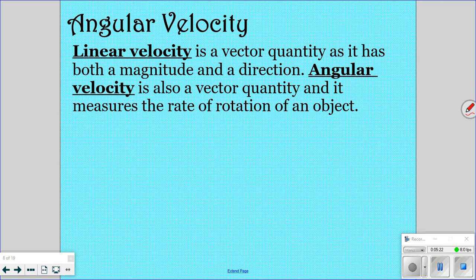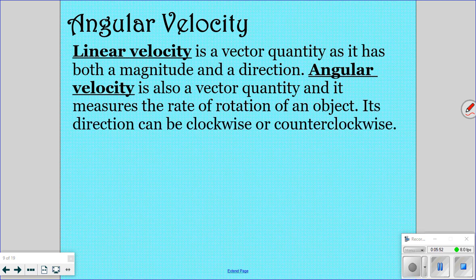If you run a 100-meter dash in 4.2 seconds, I don't know if that's reasonable or not, but that would be a linear velocity. Riding a bike, swimming, any of those that you measure in a unit per time is linear velocity. Angular velocity is also a vector, but it measures the rate of rotation. So how quickly your tires are rotating would be an example of angular velocity.